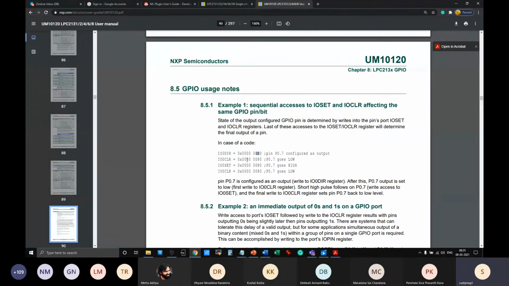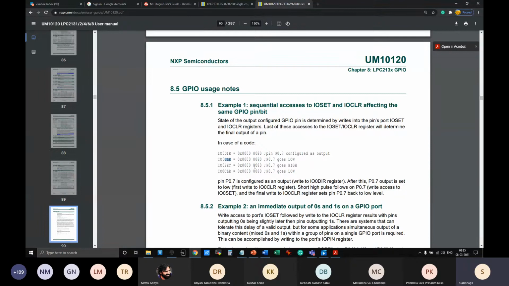Then if I write all 0s and again the D7th position as 1 in the clear register, that means port pin 0.7 goes to 0, logic low. If I want to toggle it to 1, the set register is set to 1 for this particular pin. So in both cases, you are writing the same value, but in the clear register to write 0.